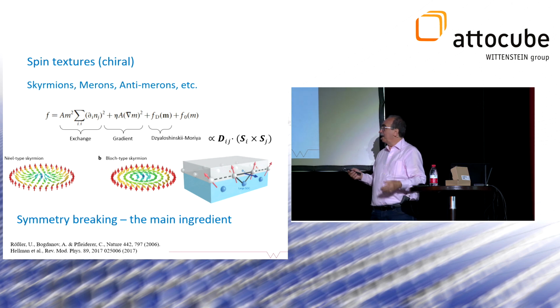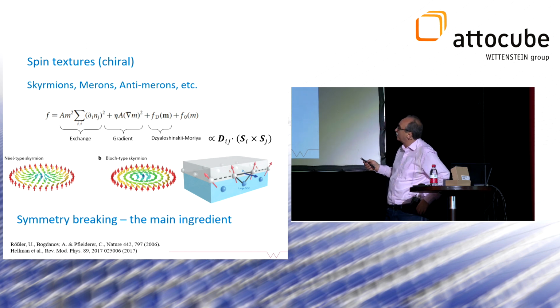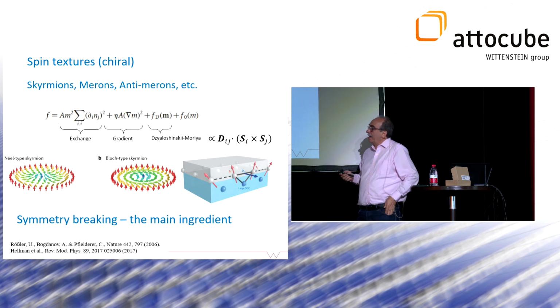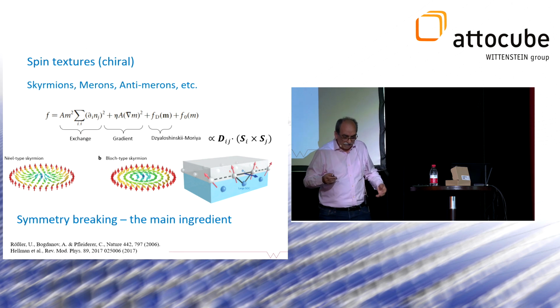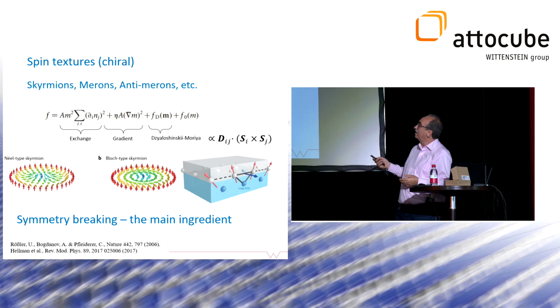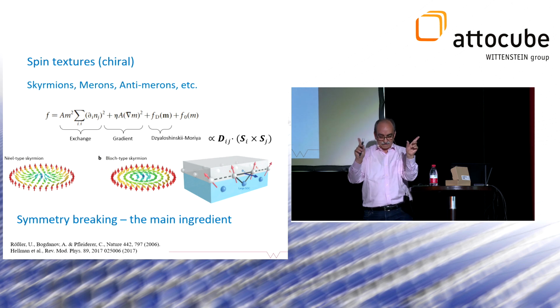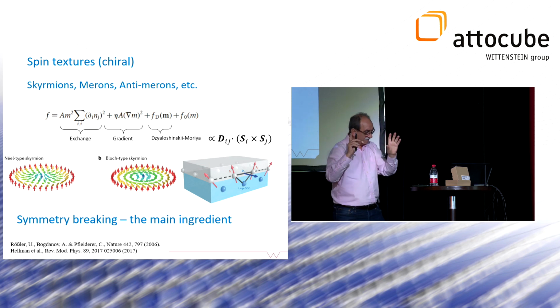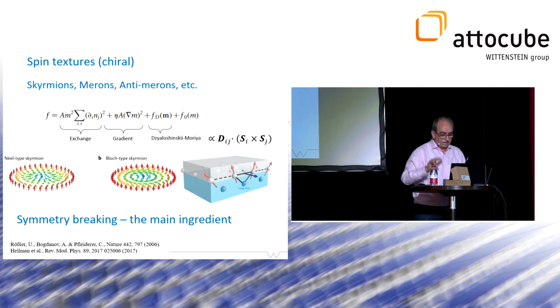The symmetry breaking is usually done by spin orbit coupling, so in materials with heavy atoms. They may induce the Dzyaloshinskii-Moriya interaction, that coupling, causing this swirling. I'm not getting too much into detail, which is why I'm saying it's fuzzy.